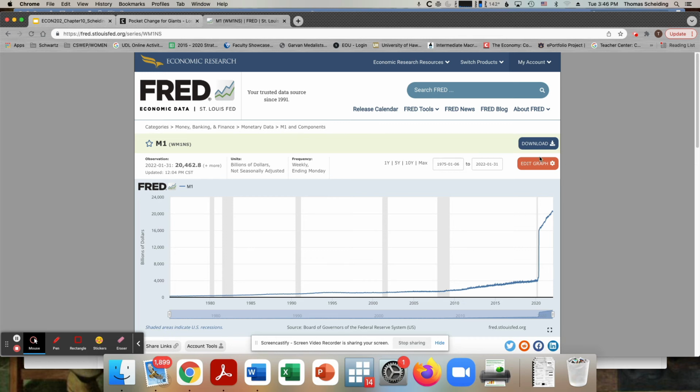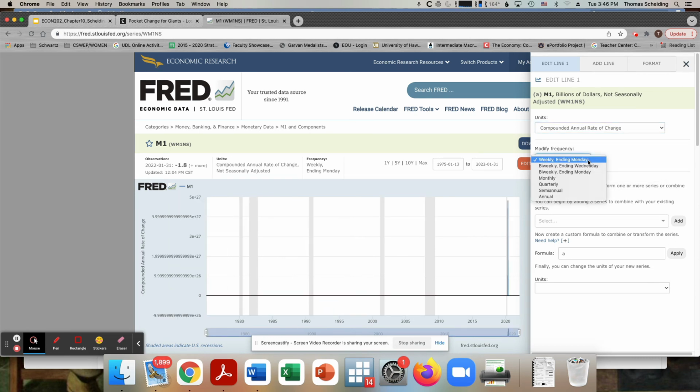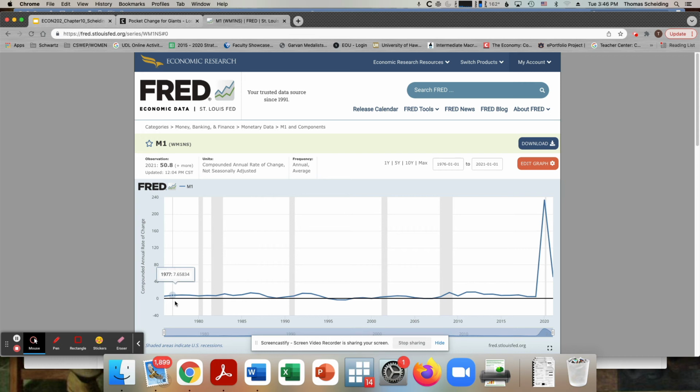In fact, let's just edit this a little bit. Let's do compounded annual change, and let's look at it on an annual basis. Look at that. For the longest time, the money supply has not changed by very much on an annualized basis.